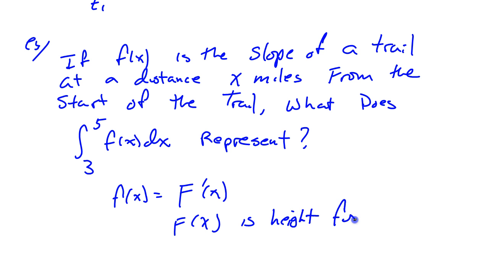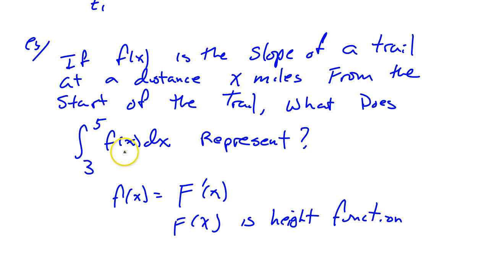This would tell you, when I've walked x miles down the trail, what is my elevation? What is the height that I'm actually at? Because the derivative of that would then be telling you the slope. The derivative of the height function is the slope. So little f is the slope of the trail. Capital F is the actual elevation.